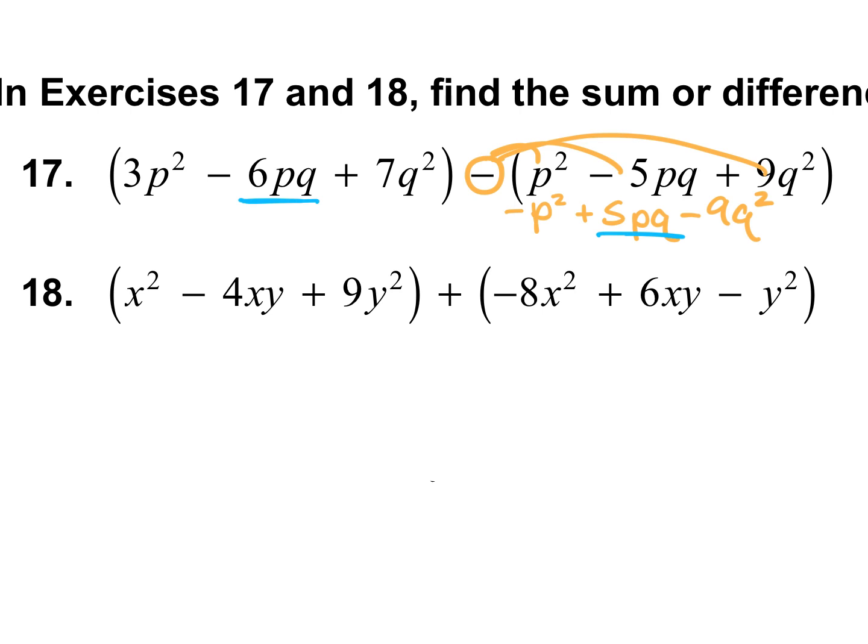But first I would just stick with the order that they have here. So 3p squared minus p squared would be what? 2p squared. Then we can do negative 6pq plus 5pq. What would that be? Negative 1pq or just negative pq. And then 7q squared minus 9q squared. Negative 2q squared. So that would be our answer.